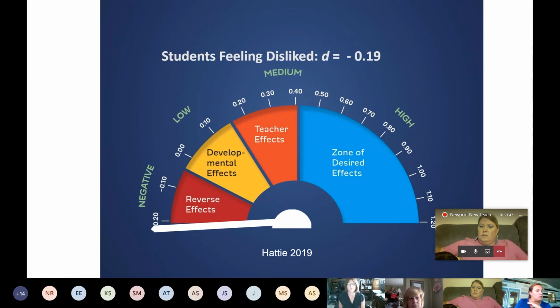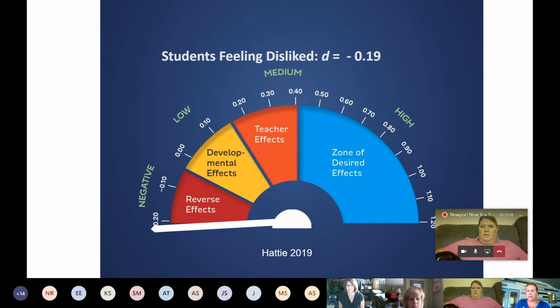So if you haven't yet, you will hear about John Hattie. He's done tons and tons of research. I'm not going to go into a whole lot of detail, but the basic idea is he looks at all sorts of different things that influence learning, and he's been able to assign them effect sizes. A 0.4 is a typical year's growth. So we spend a lot of time and energy looking at influences that are above a 0.4, okay?